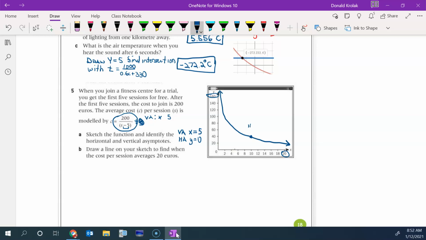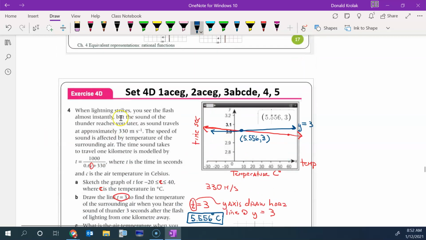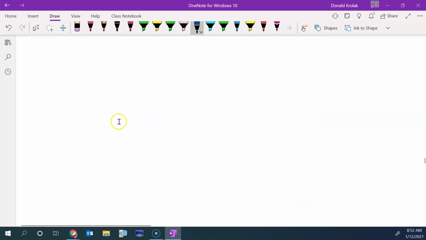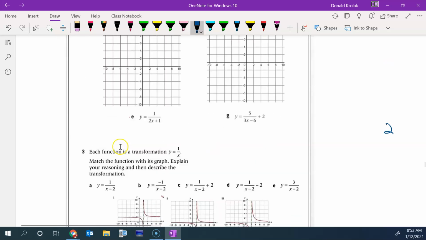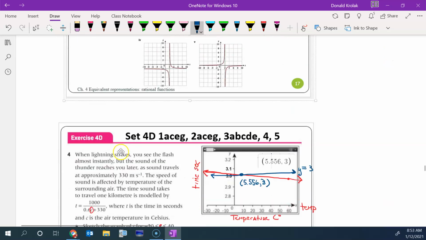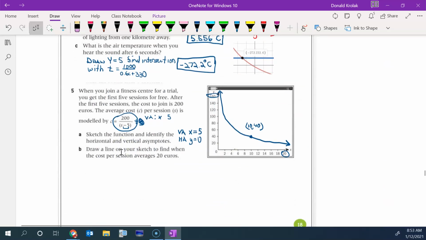And I just picked the point off of the graph. Okay, this is a calculator problem. So as long as it doesn't have that non-calculator symbol, that means you could use Desmos to do it.